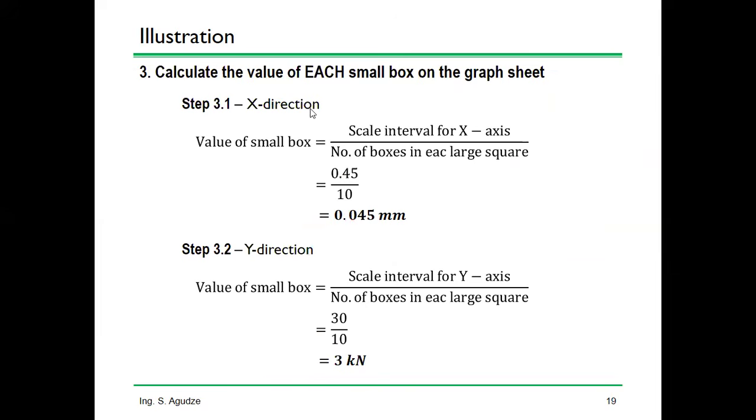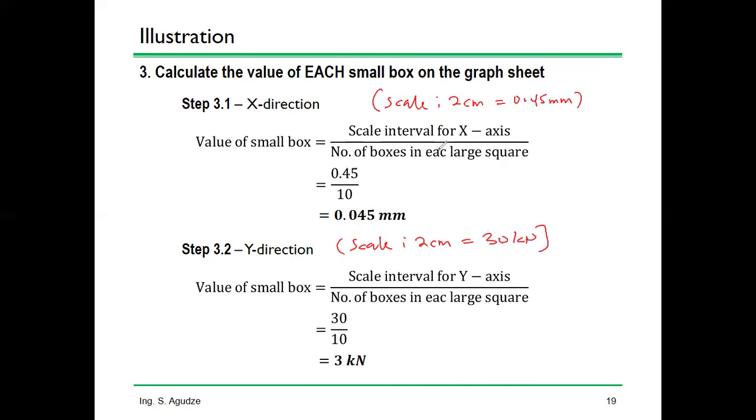So remember, in the x direction, our scale is 2 centimeters is equal to 0.45 millimeters. And then let me add this one. Scale, 2 centimeters is equal to 30 kilonewtons. Okay?